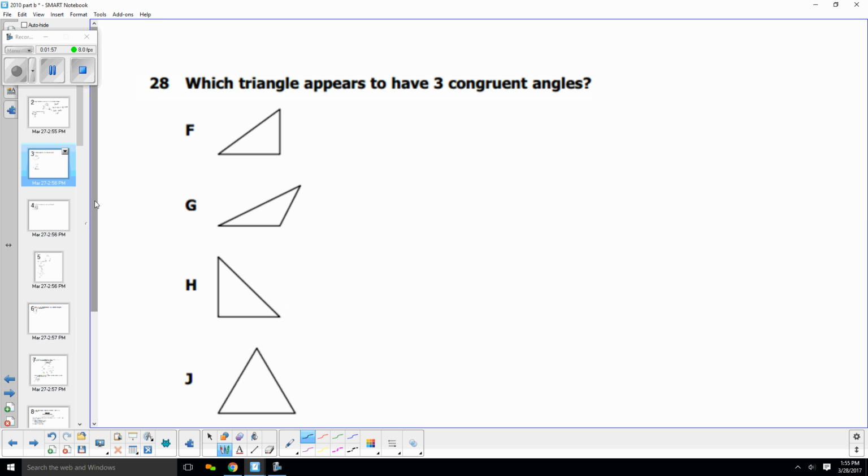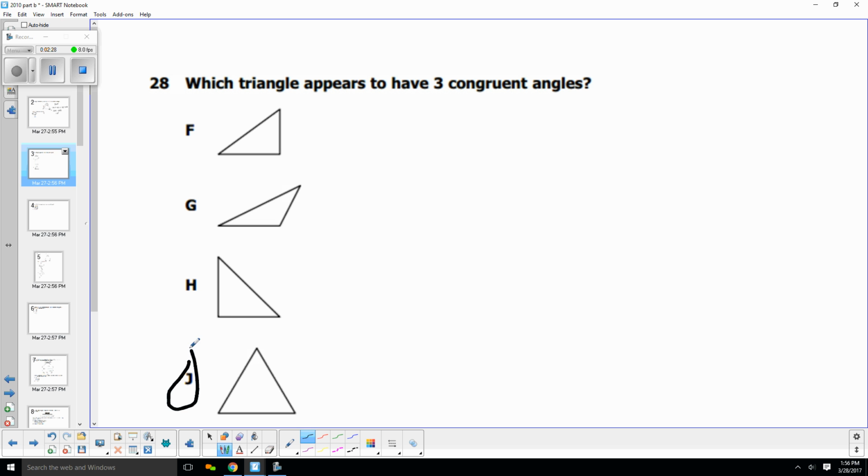All right, number 28. Which triangle appears to have three congruent angles? What does congruent mean? If I'm talking about three congruent angles, they have to be the same size, right? Same measurement. Now, which one of those looks like all three angles are the same?